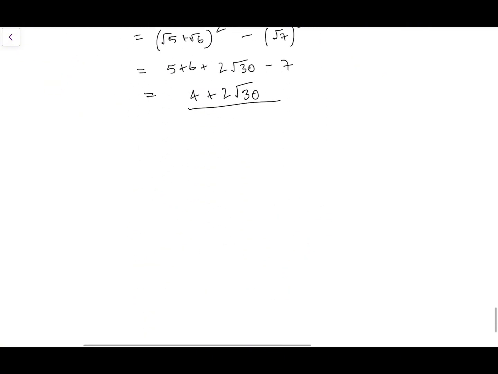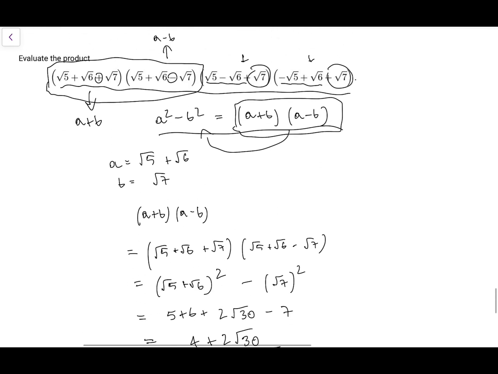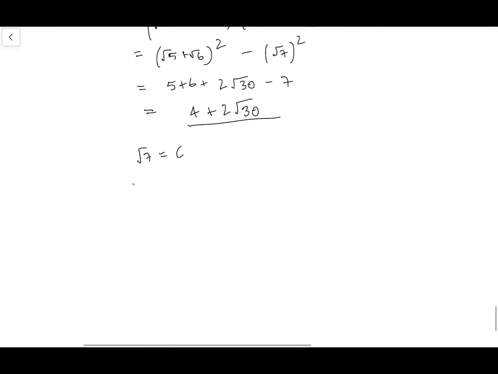So we can substitute square root of 7 with, let's say, c. And we can substitute square root of 5 minus square root of 6 with d. And we can use again the formula for the difference of squares. In this case, we have that c plus d times c minus d equals c squared minus d squared.